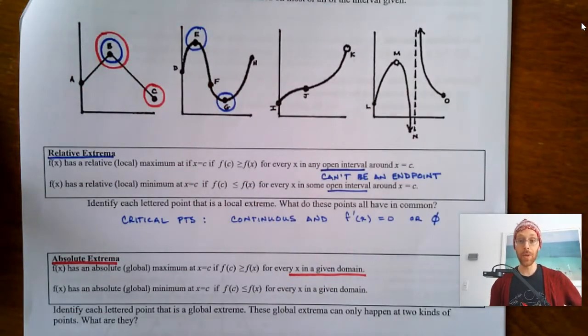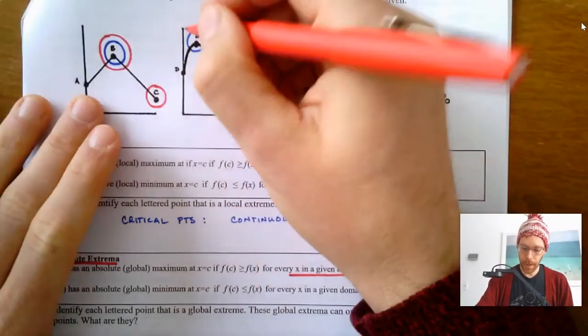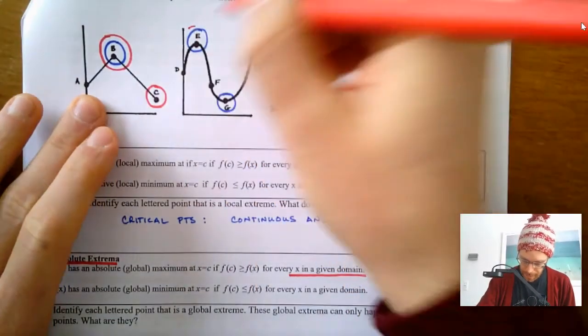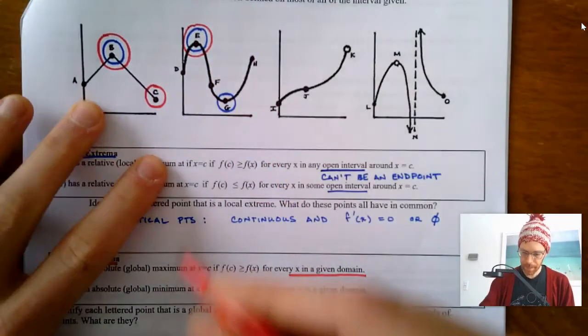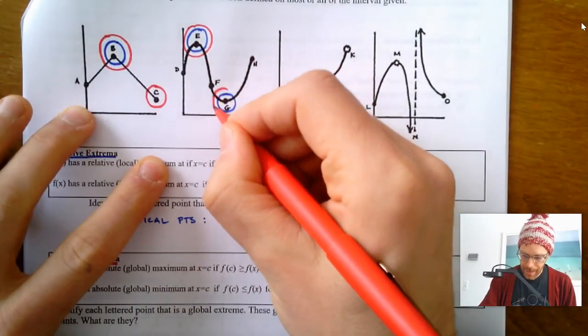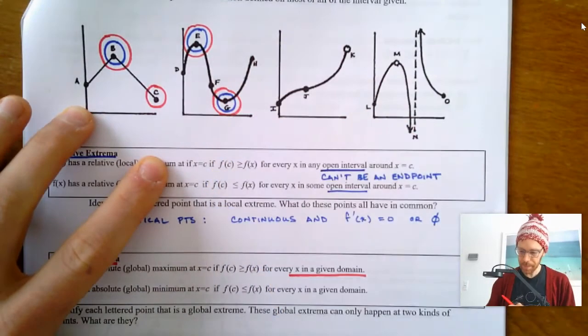Okay. I would like you to identify the rest of the global extremes. Okay. So hopefully you identified that E has the maximum value here. G has the absolute minimum.